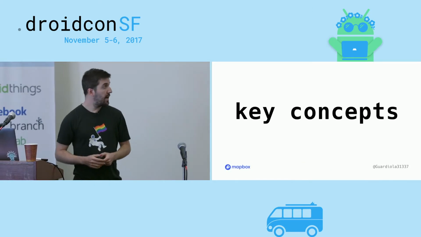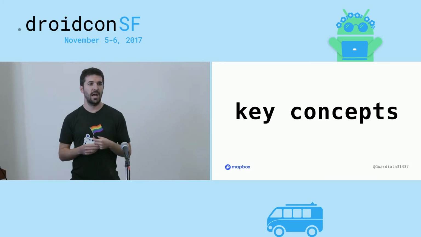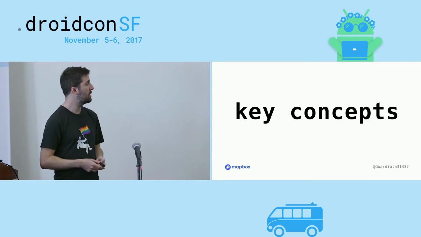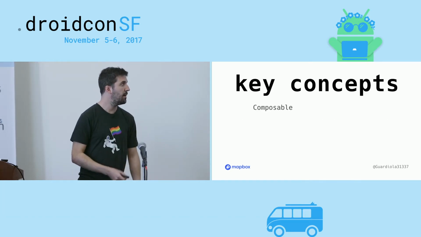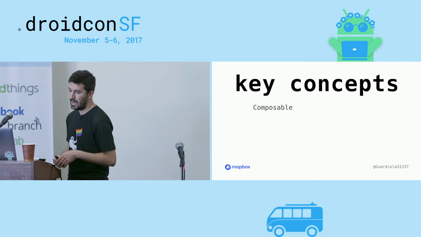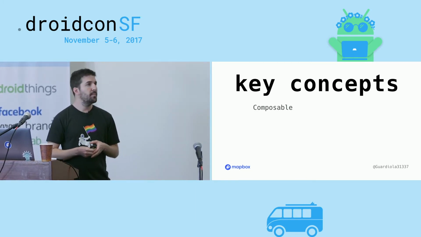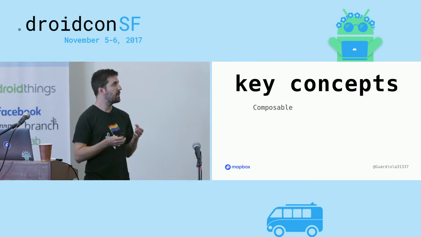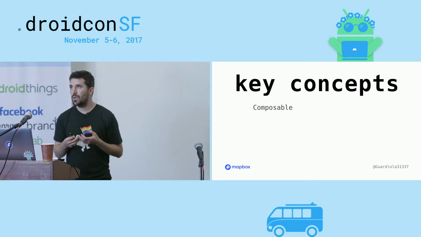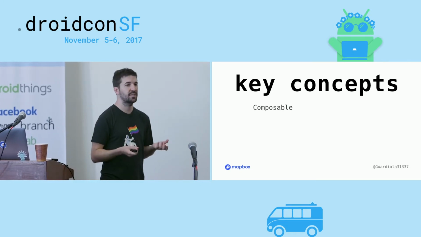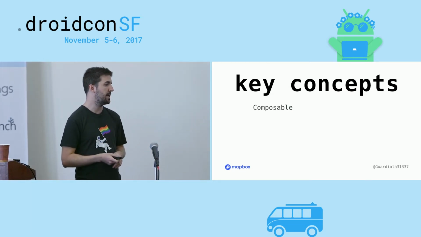So let's start with the key concepts. What are the key concepts that I want you to take away by the end of the talk? First of all, a DSL needs to be composable. We need to define a DSL in which you can compose primitive actions or operations both sequentially and in parallel.